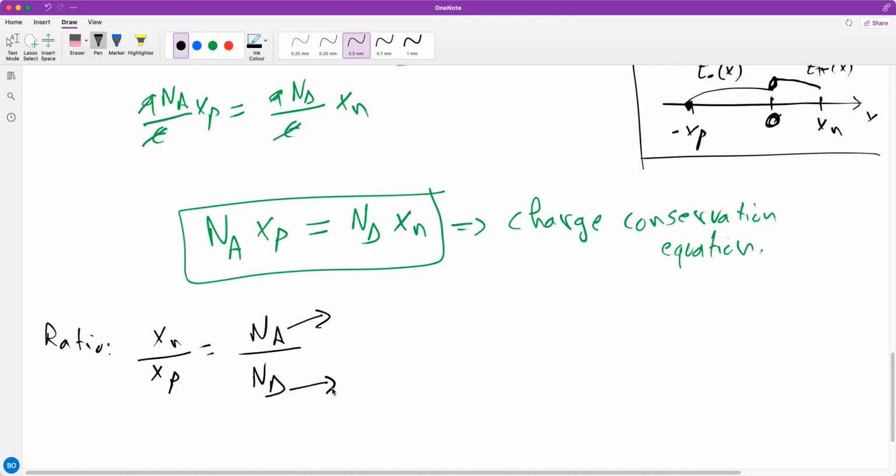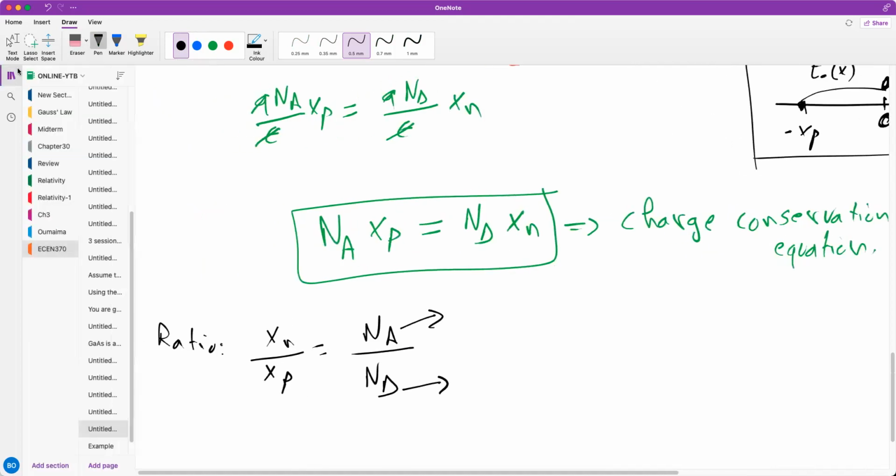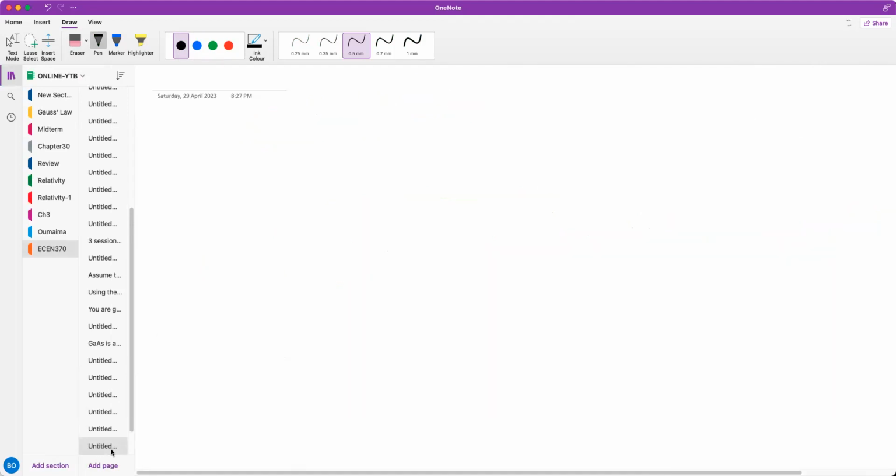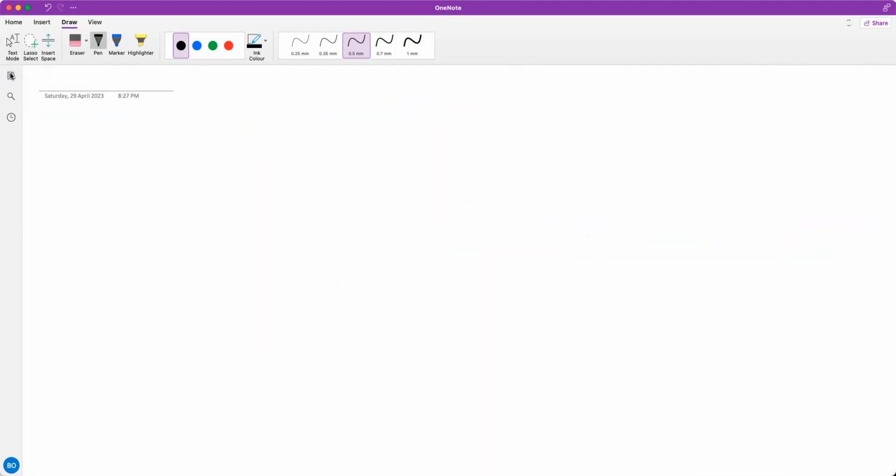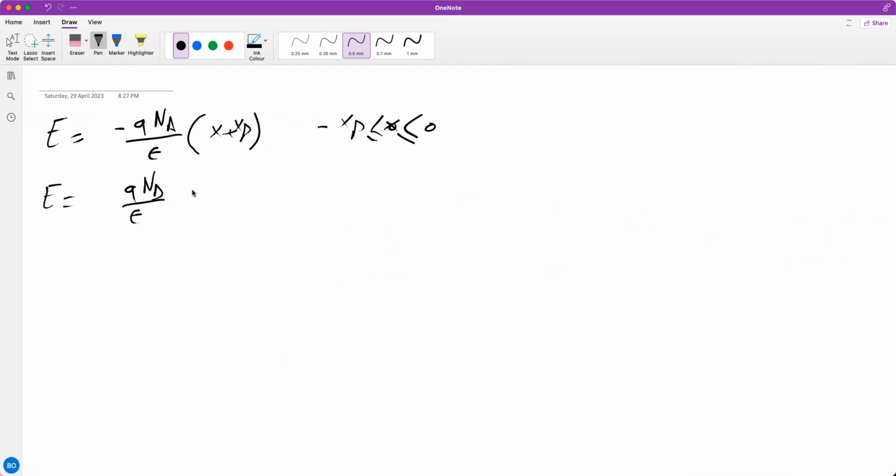Okay, so now let's add another page and see another question. Let me just write the equations again. The electric field is equal to minus QNA (x plus xp) when x is between minus xp and 0, and E is equal to QND over epsilon (x minus xn) between 0 and xn.